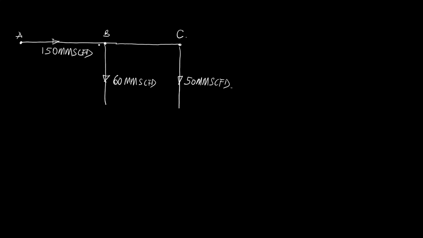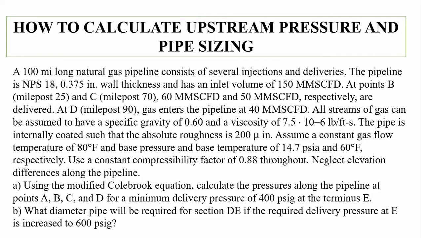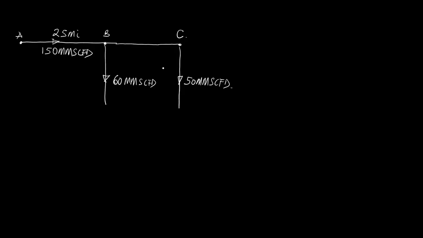Now from A to B is 25 miles, since B is milepost 25. Now C is milepost 70, so that means 25 plus 45 will give you 70. So the length of BC will just be 45 miles.